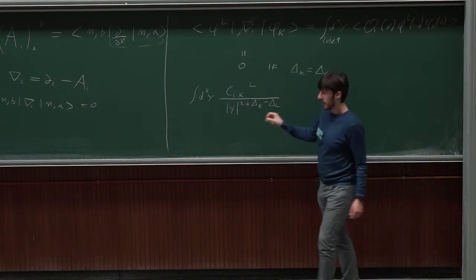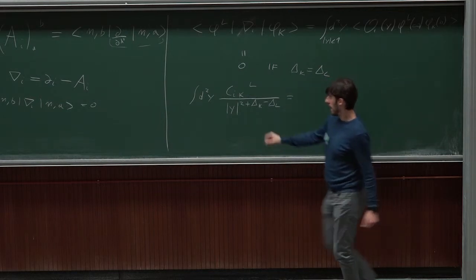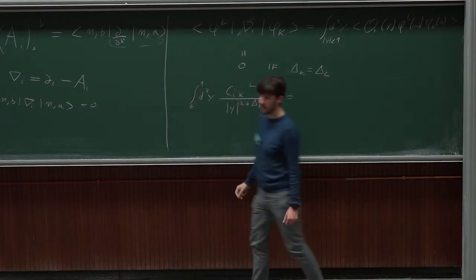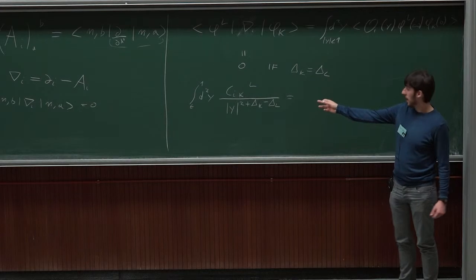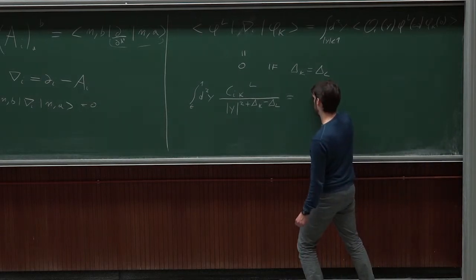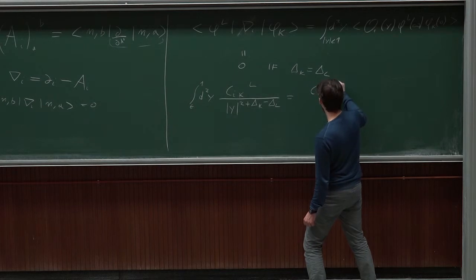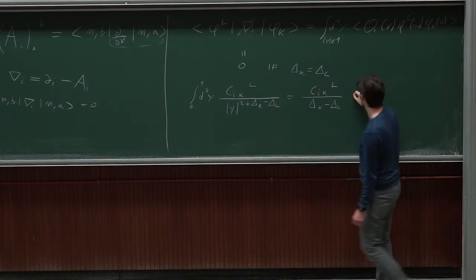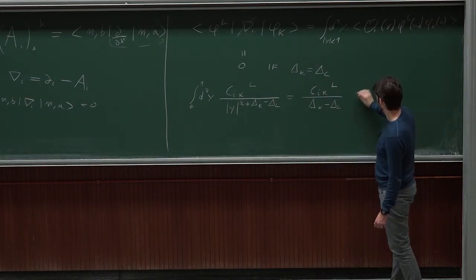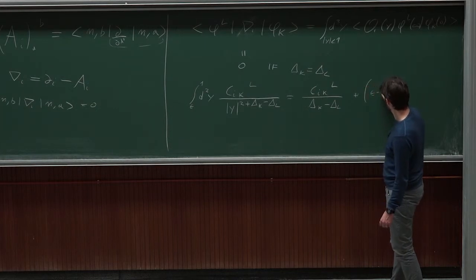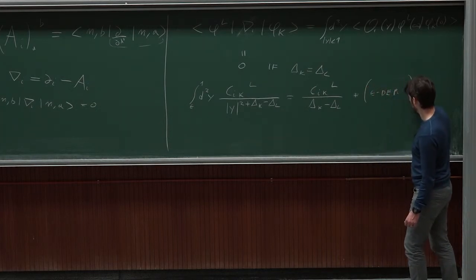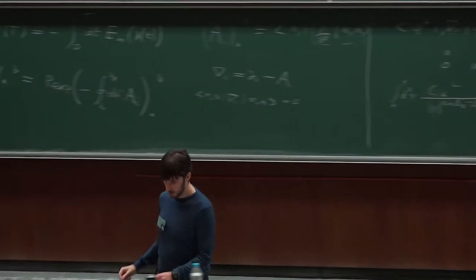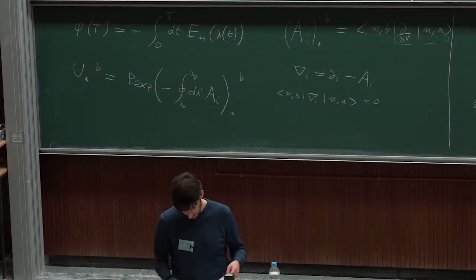And I have to integrate this from epsilon to 1. So you do it, and you get, I'm not sure about the sign now, minus something plus epsilon dependence, which I throw away with my regularization prescription. And just check the sign.